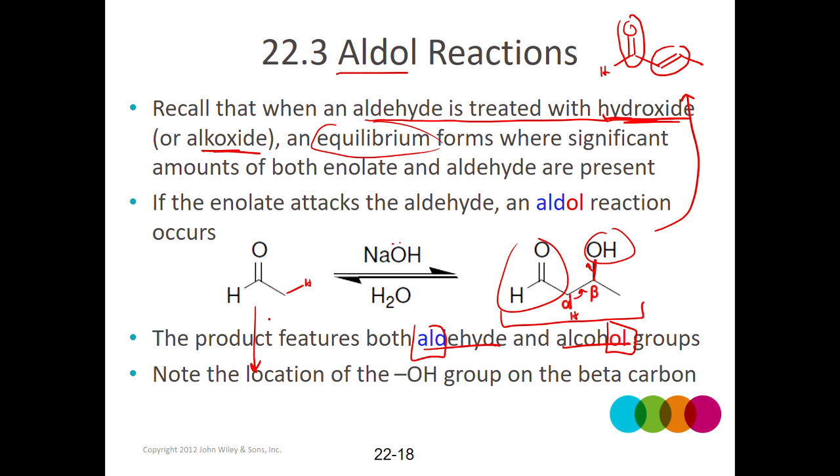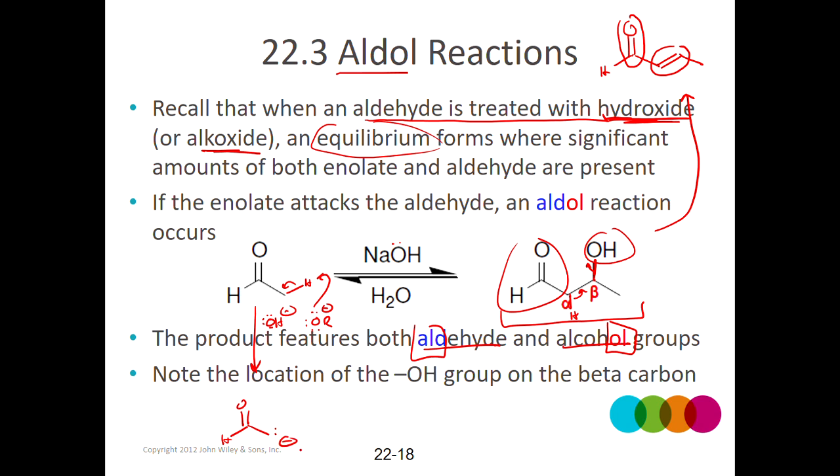If we use one of these slightly weaker bases like OH minus or OR minus, because their conjugate acids have pKa's that are similar to the pKa of the alpha proton, they can pick off the alpha proton and produce an enolate, but not all of the molecules will do that.